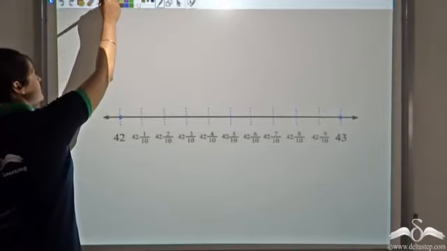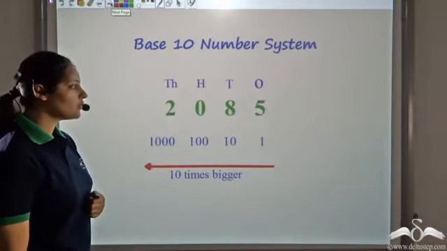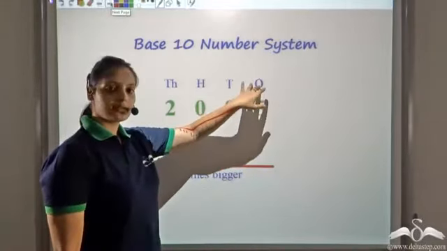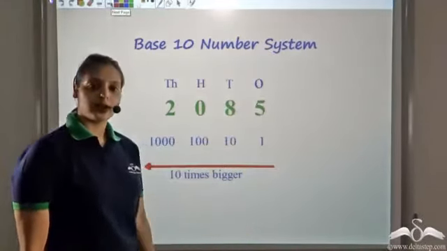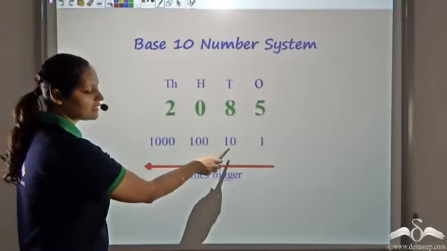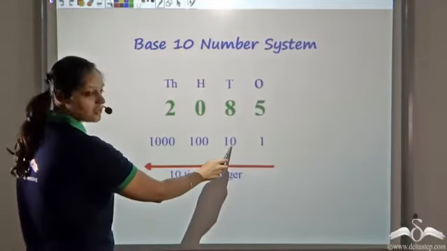So let's look at the decimal system, which is the base 10 number system. What we observe is that the rightmost column is ones, which has a column multiplier of 1. Now as I move towards this side, the next column is 10 times bigger than the previous column, which is 10.